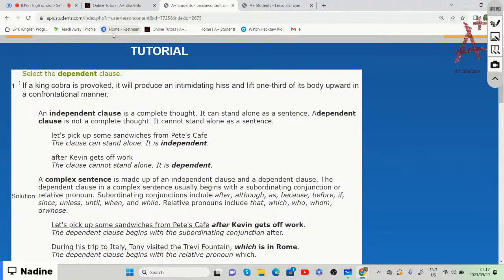Even if you read it, after Kevin gets off work, it sounds as if there are words missing. So it now needs an independent clause to latch onto in order to complete a sentence.